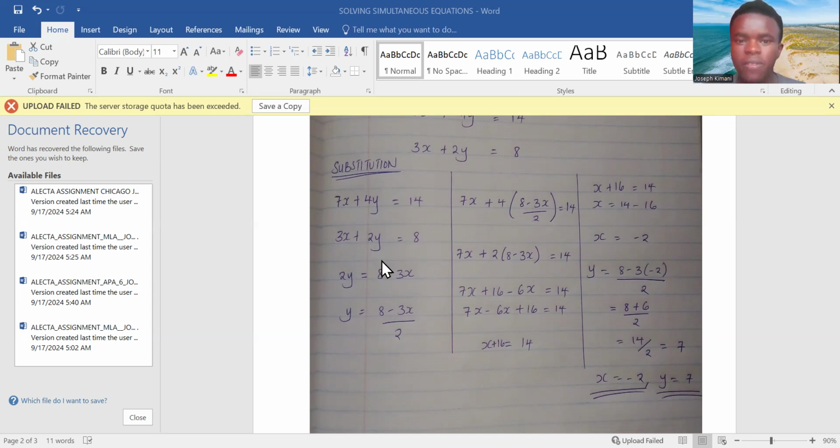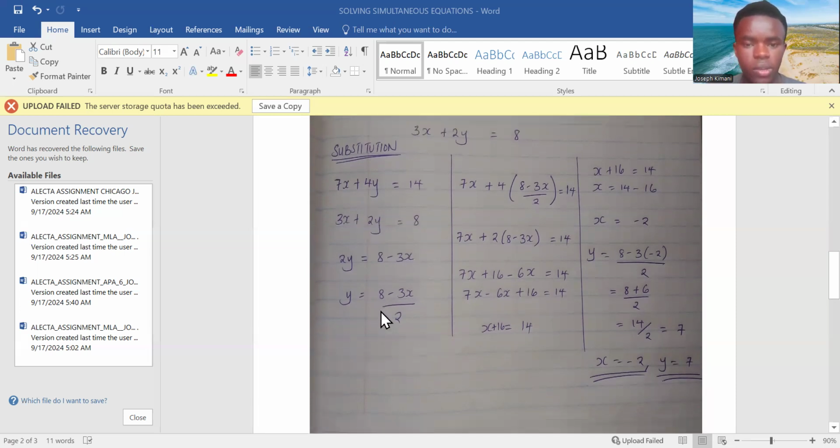Now, if you want to get the better one to start with, always look for the letter with the lowest number. In this case, I took 2. You see here, y has a number before it, or a coefficient, which is 2. So I took this one because it will be easy for me to solve it.